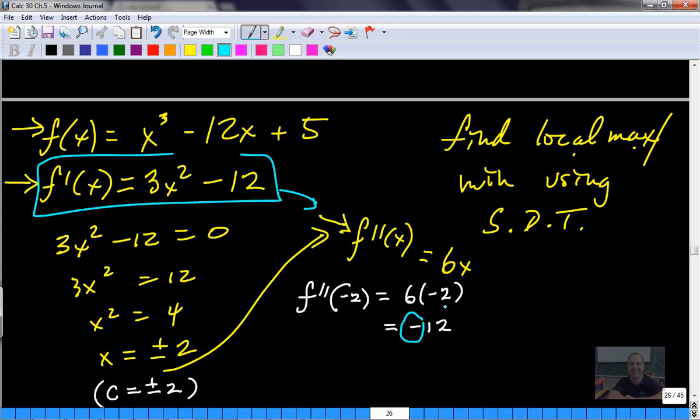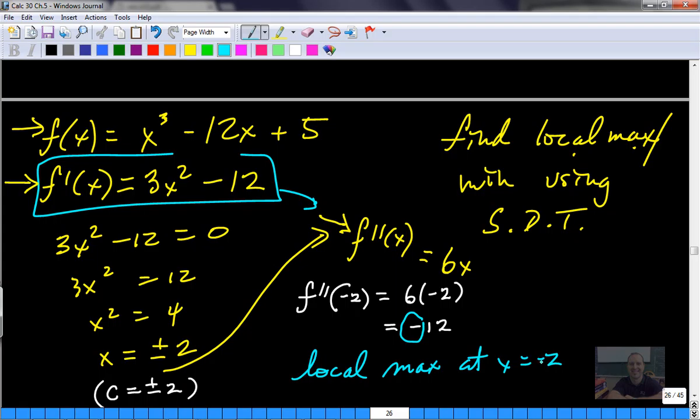If the second derivative has a negative value, that means it's in the negative interval, which means it's concave down, right? And therefore, this negative 2 is going to represent a local what? Local maximum, okay, at x equals negative 2.